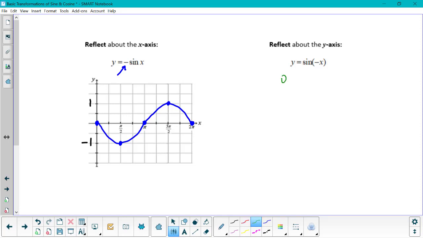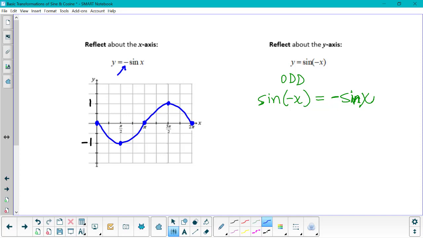So remember, sine is an odd function, which means I can rewrite the sine of the opposite of x. If I take the opposite x value, put it into the sine function, I will get the opposite value of sine. So that's just the property of an odd function, any odd function.